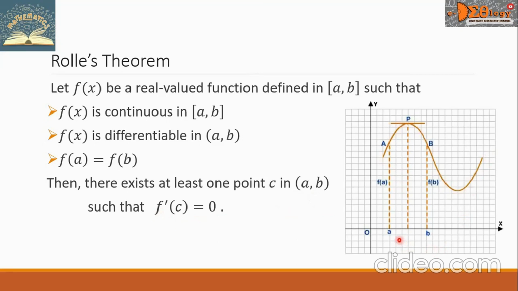The closed interval is from A to B. We can see that the graph is continuous from point A to point B. And since it is continuous, it is also differentiable in the open interval from A to B. Assuming that f of A equals f of B, then there is at least one point C. The point is here, and it is represented in the graph by the point P. And at point P, we have a horizontal tangent.